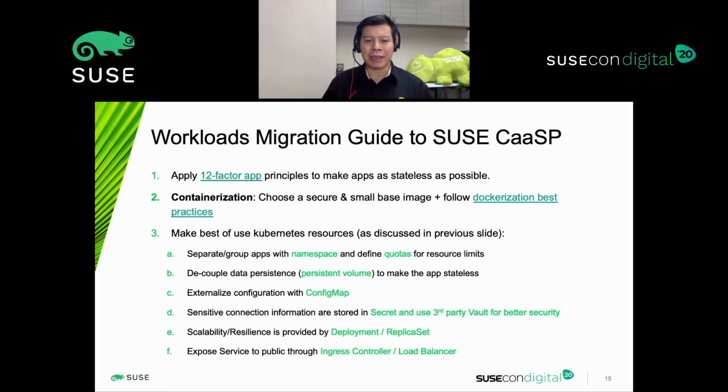This includes the config map, to externalize your configuration, or maybe you put some secret credentials into the secrets objects, or you may also want to integrate it with a third-party vault for better security. Resilience is provided by the replica set using the deployment resources, expose the services, and so on. So all of this must be followed.